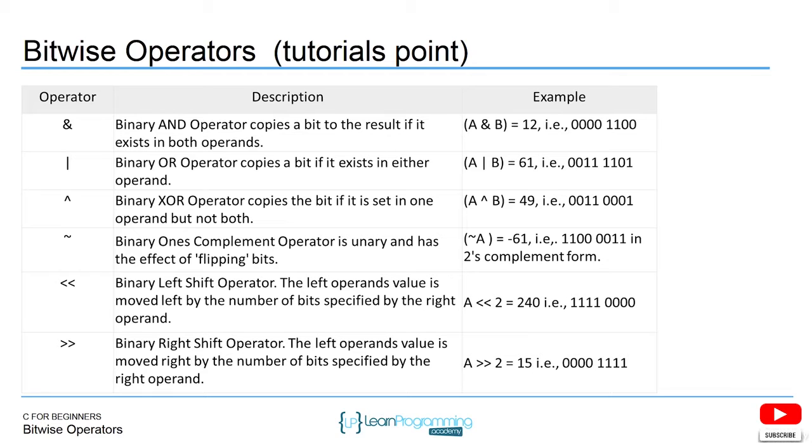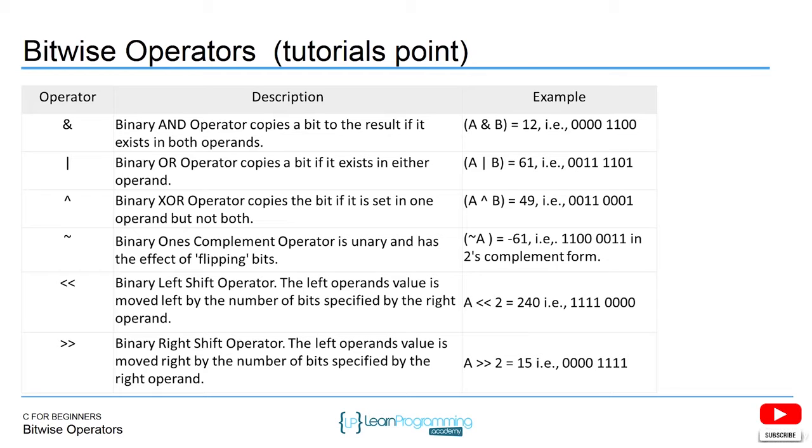If you do something like A shifted left by 2, and A is equal to some binary number, for example 00111100, you're going to shift the bits by 2. So you're going to take off the zeros and it's going to become 1111, and those zeros are going to go to the end. The same goes for the right shift operator, you're just shifting them to the right as opposed to the left. Here you use the greater than symbols. And I'm going to go through these in a second.